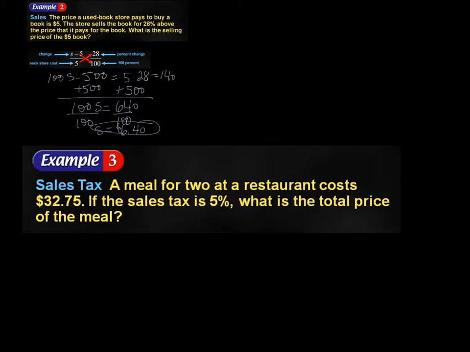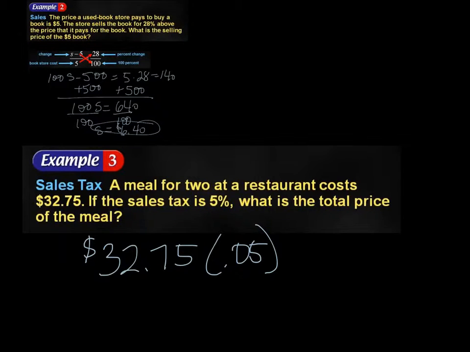Okay, this one's just a simple sales tax problem. A meal for two at a restaurant costs $32.75. If the sales tax is 5%, we change 5% to a decimal, what is the total price of the meal? So if we multiply that, we'll get just the tax.